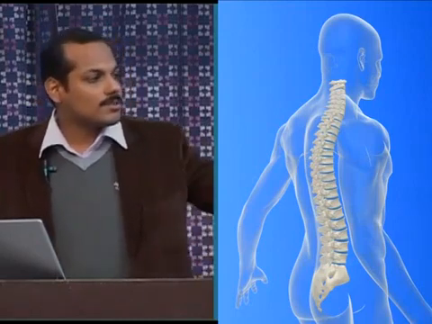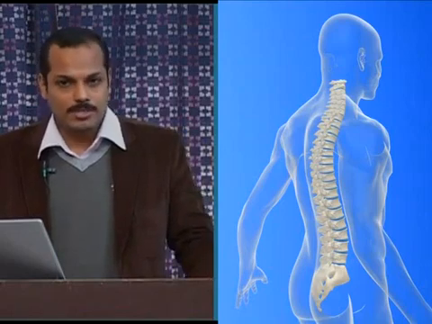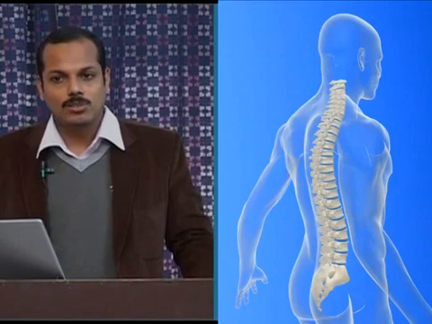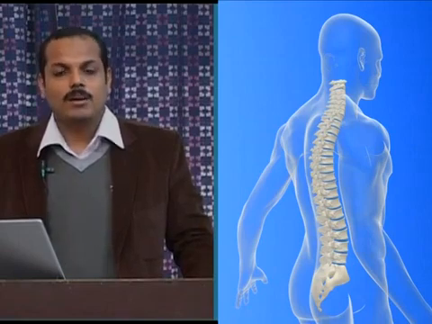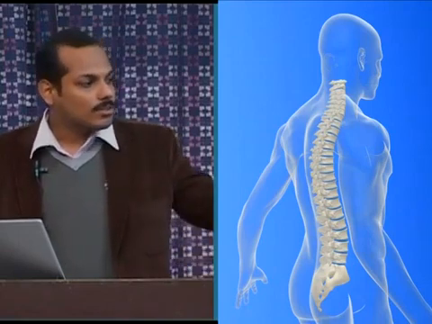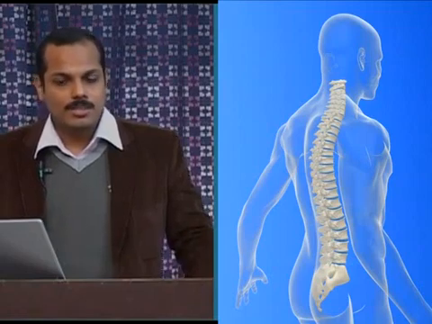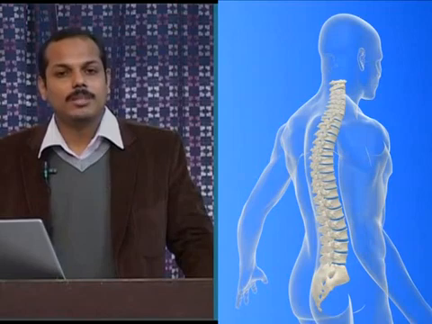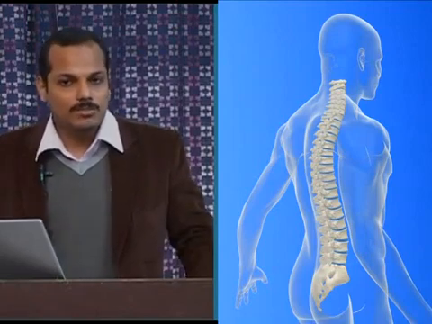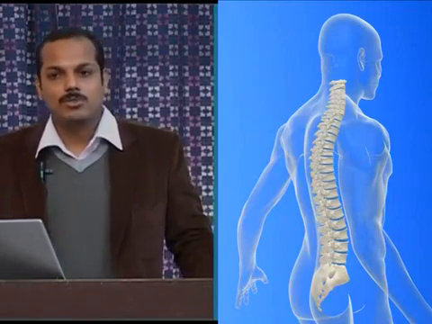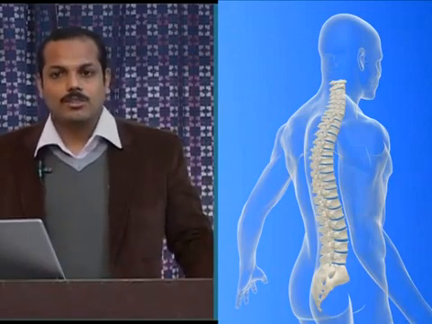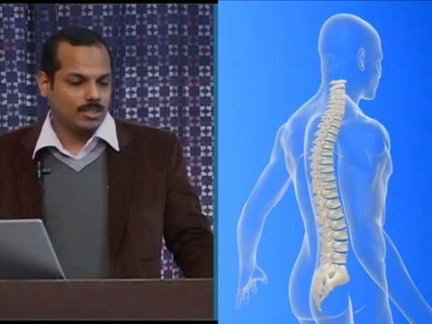The cervical region consists of 7 cervical vertebrae, the thoracic region consists of 12 thoracic vertebrae, the lumbar region consists of 5 lumbar vertebrae, and the sacral region consists of 5 sacral vertebrae, which are fused together. The coccygeal region consists of 4 coccygeal vertebrae.